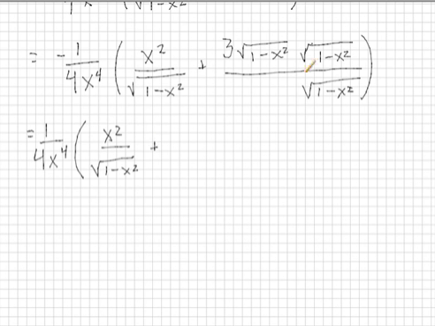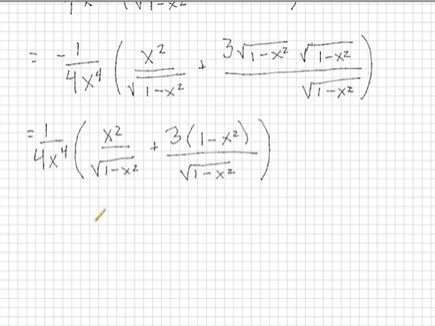It looks like in the numerator of the second term, we have a square root of 1 minus x squared times square root of 1 minus x squared, which is the square root of 1 minus x squared squared. Kind of a tongue twister. But whenever you square a square root, they cancel each other out. So we're left with that 3 on the outside. And since the square and the square root cancel each other out, we're left with what's underneath only. And of course, that denominator is still going to be there.